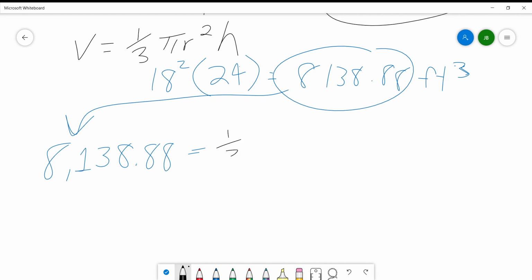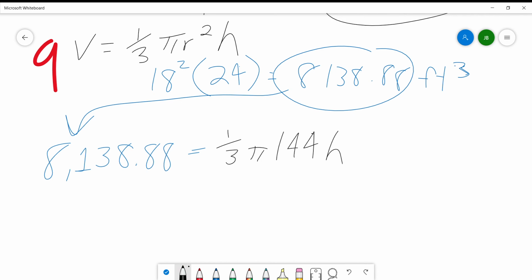Volume equals 1/3 times pi. We're trying to find the height. So they gave us the radius is 12. 12 squared equals 144. I'm going to go ahead and write 144. By the way, guys, this is problem number 9. 144 times the height.